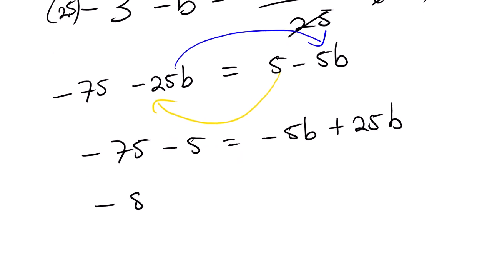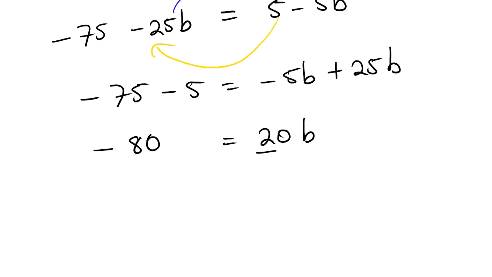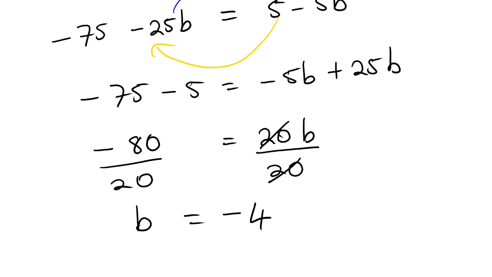And then from here we have -80 equals positive 25 minus 5, which is 20b. Then from here we divide both sides by 20. This will get rid of this. We are left with b equals -80 divided by 20, which is -4. So the value of b is -4.